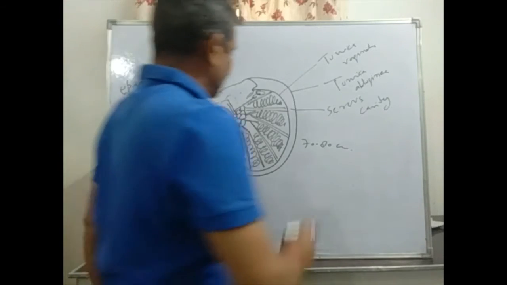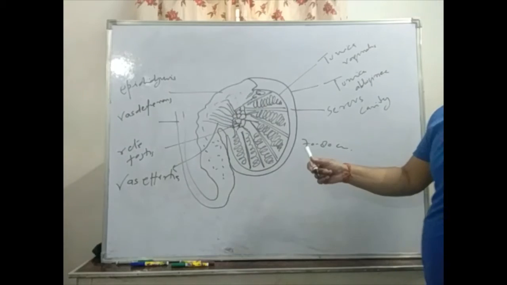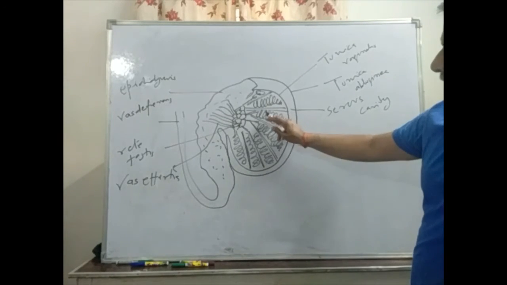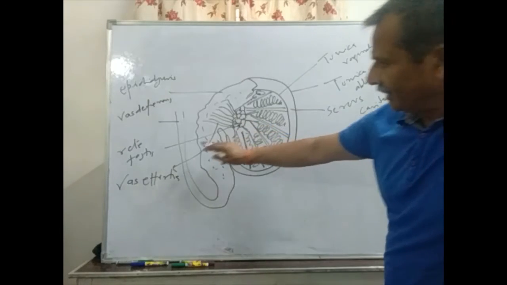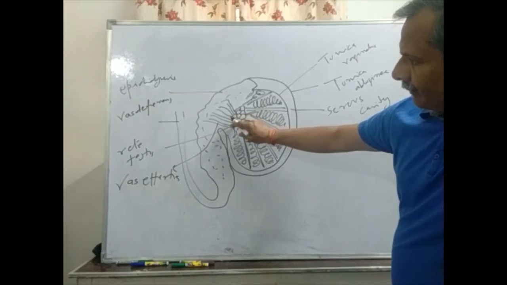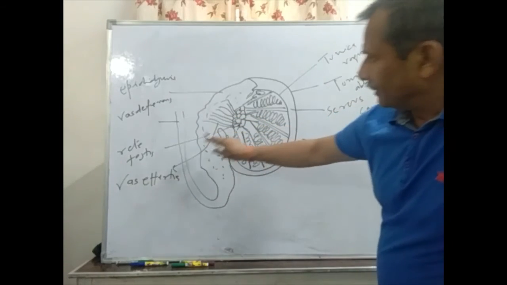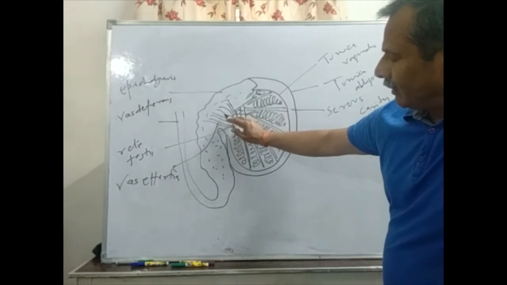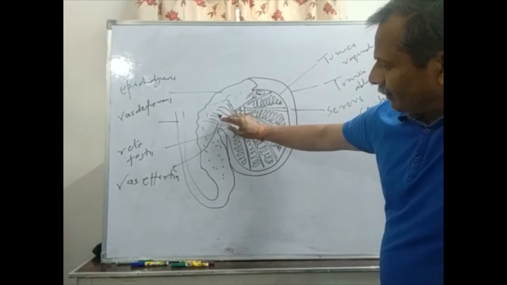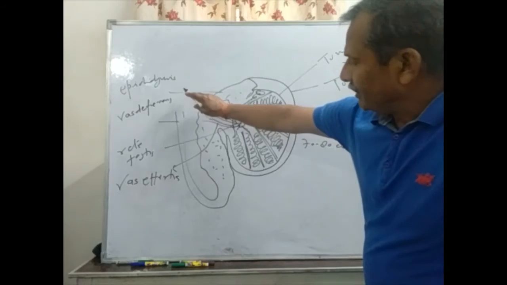Okay, so now we can see the structures. These are seminiferous tubules, and their opening forms the rete testis. It's a net-like structure. Their opening forms the vasa efferentia, and all the vasa efferentia combined open in the epididymis.